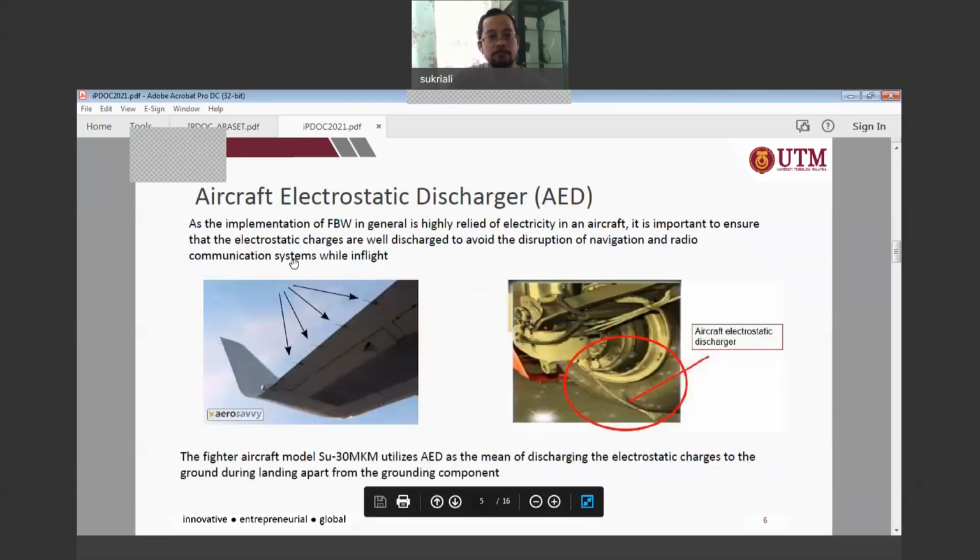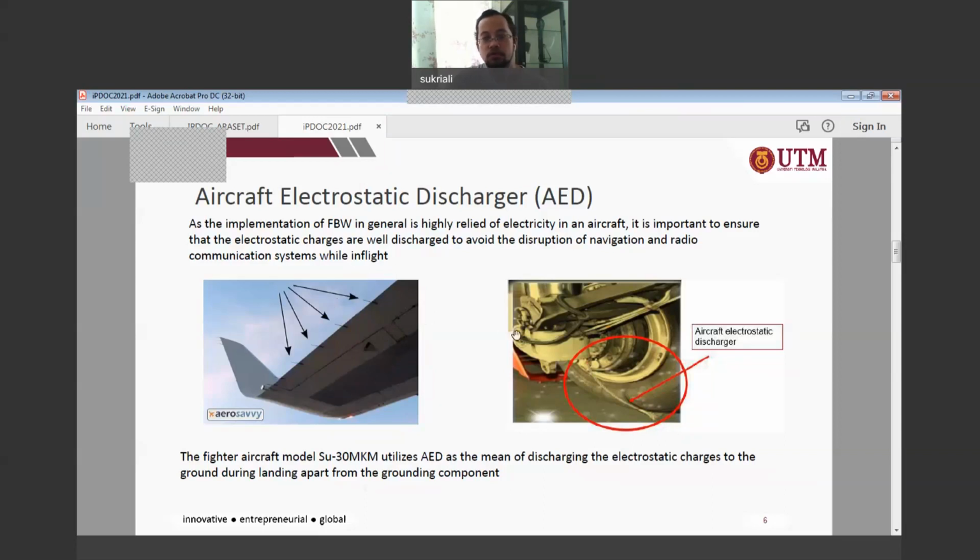So what is the aircraft aerostatic discharger, or AAD? The function of the AAD is to discharge the charge that accumulates on the aircraft surface. For example, on civil aircraft, we can see the AAD placed along the trailing edge of the wing, where the charge of the aircraft is discharged to the surrounding air.